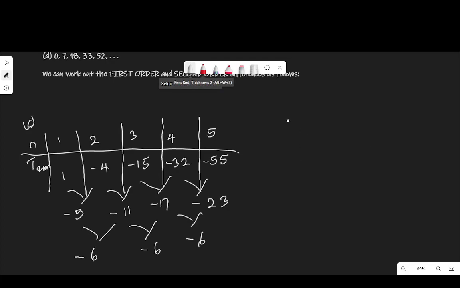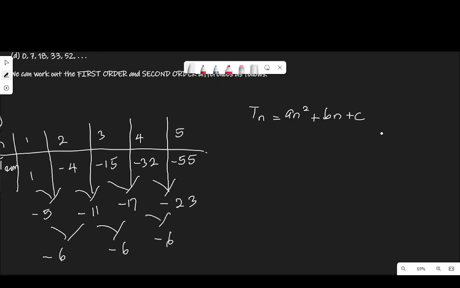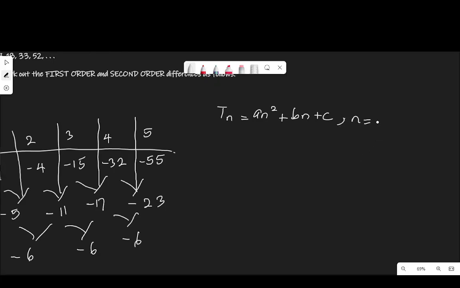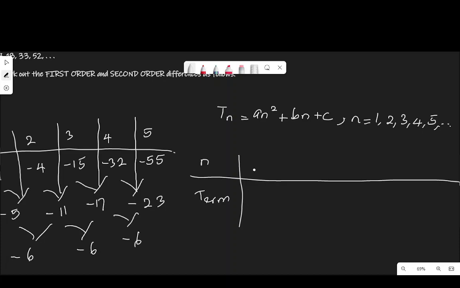Now let's get the second table in terms of the formula Tn equal to an squared plus bn plus c. If I put in the values of n to be 1, 2, 3, 4, and 5, that will give me another sequence like this. When n is 1, I will have a plus b plus c.